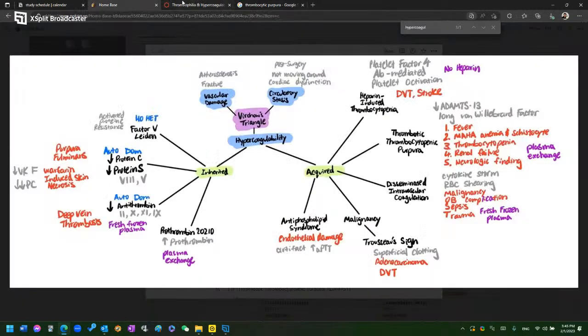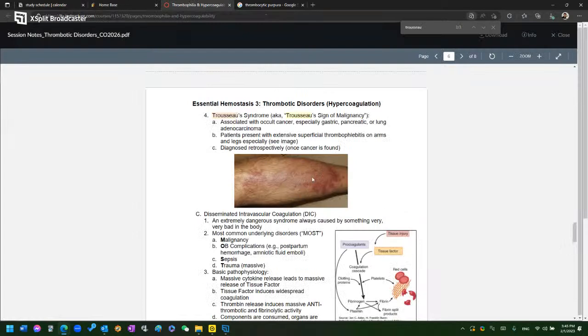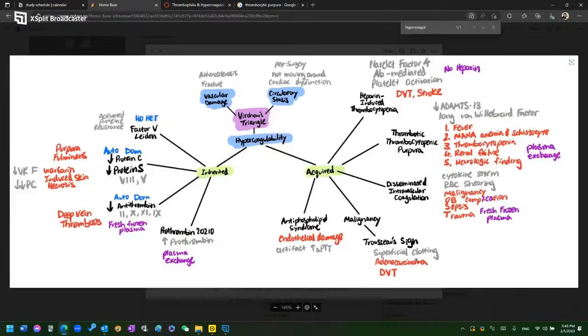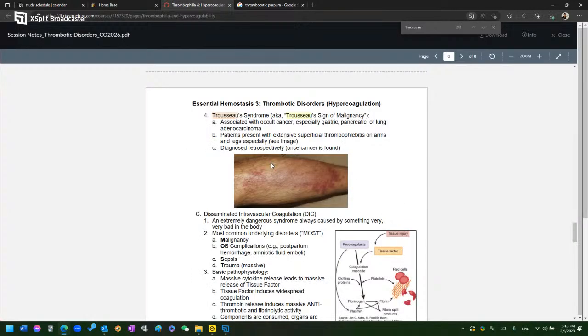Trousseau's sign is similar, but I want to say it's more diffuse. It's more like bigger bleeds caused by clotting in these skin vessels. Once again, it can be related to adenocarcinoma.